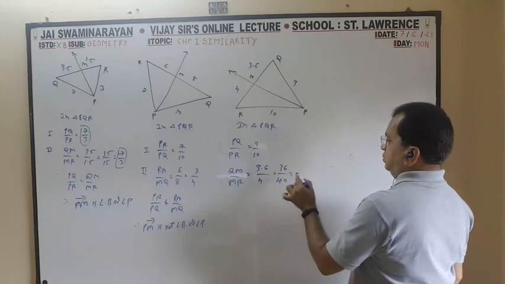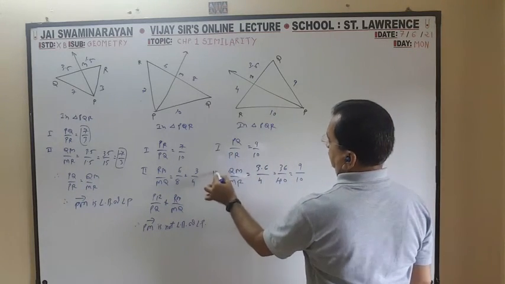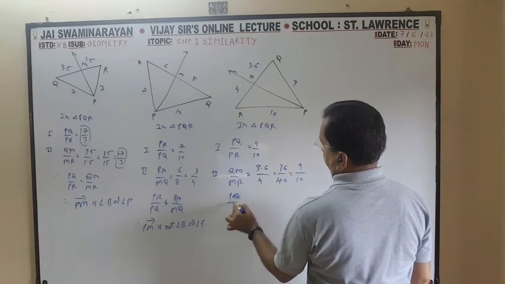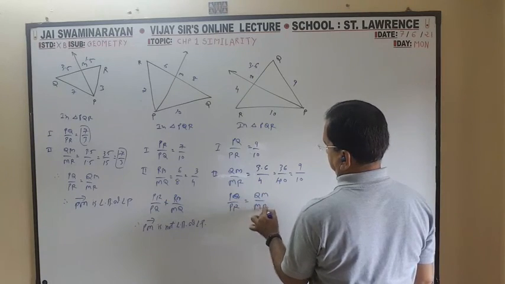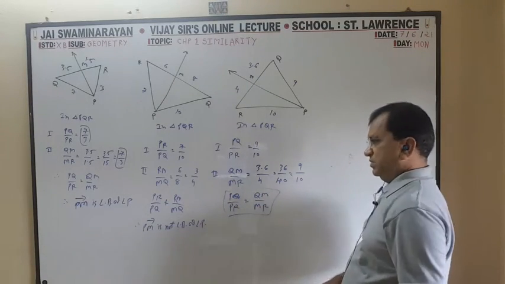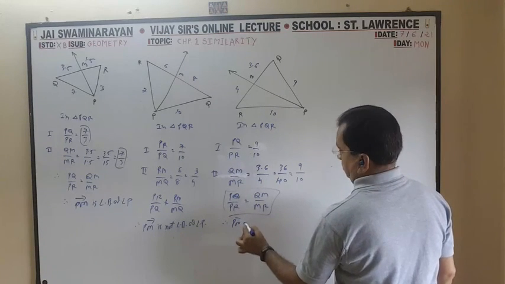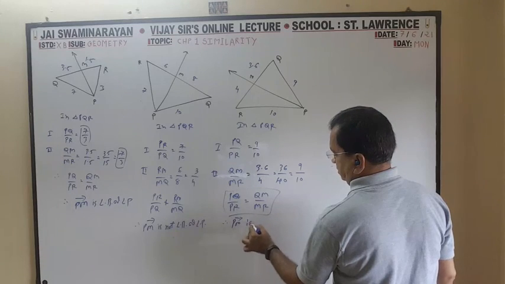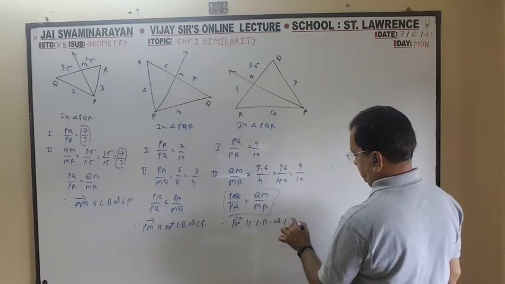Decimal goes down. With 4 it is 9 by 10. So it is equal. First equal to second. Therefore PQ by PR, therefore ray PM is the angle bisector of angle P.